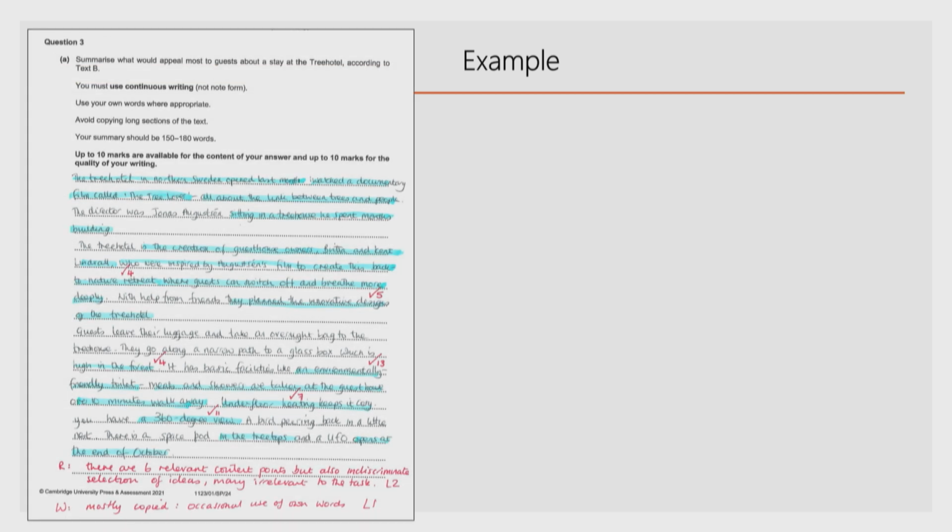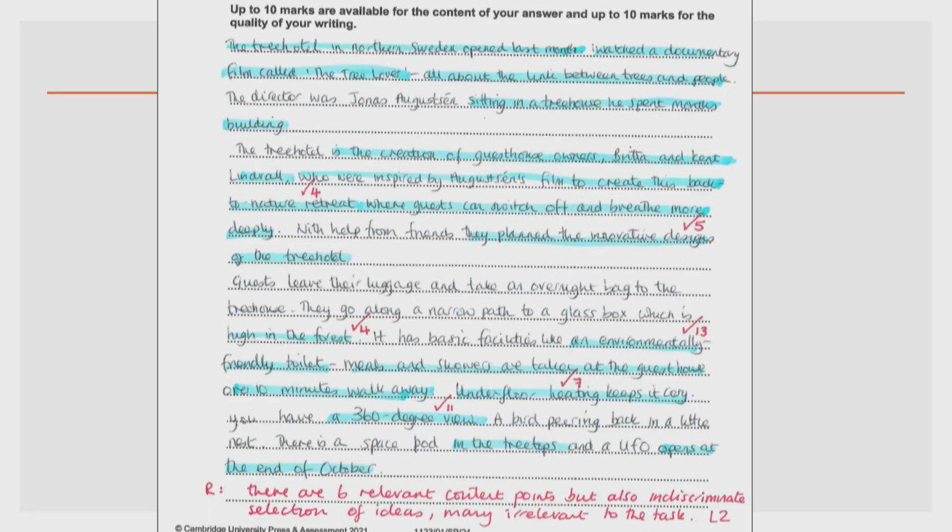Let's have a look at another example. The Tree Hotel in northern Sweden opened last month. I watched a documentary film called The Tree Lover, all about the link between trees and people. The director was Jonas Augustsen, sitting in a treehouse he spent months building.